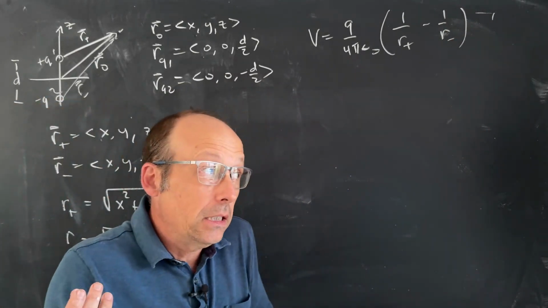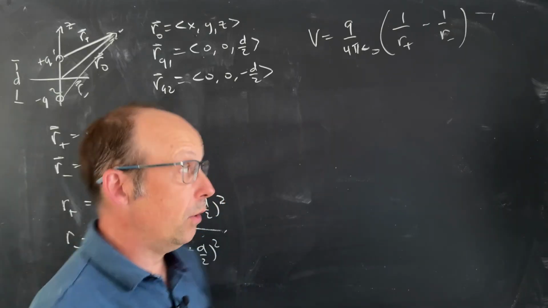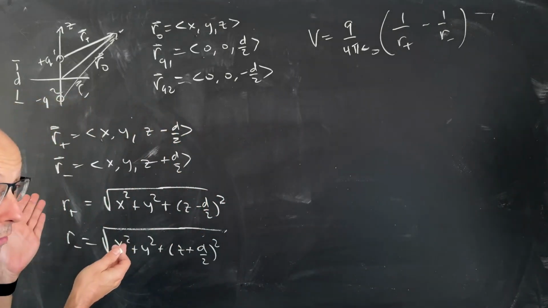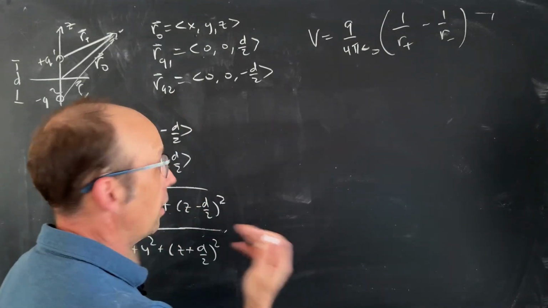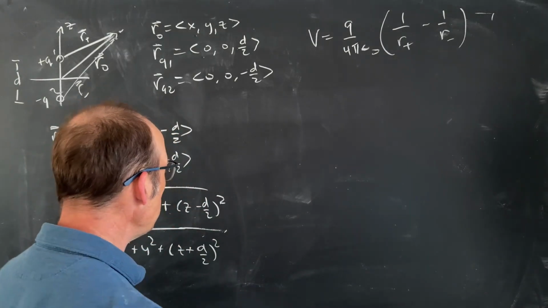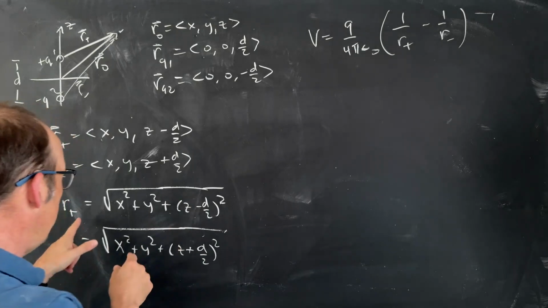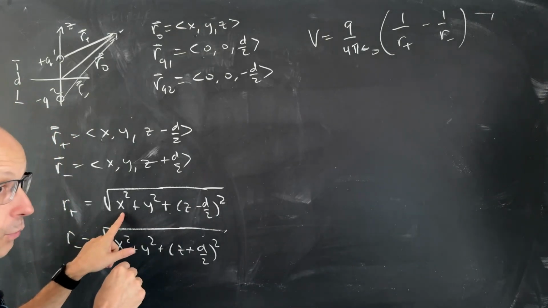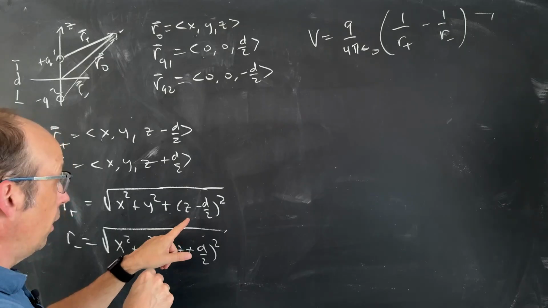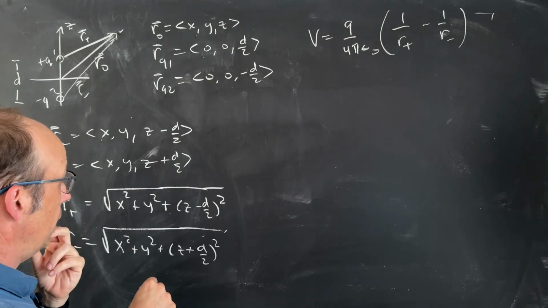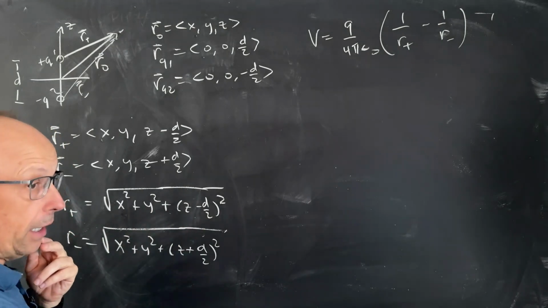It's kind of messy. So what I want to do now is to take just the r plus. Let's just do r plus, and let's see if we can simplify just that whole r plus thing. Okay, so if I take just r plus, I have an x squared, I have a y squared, and then I'm going to get a z squared in here. So let's just go ahead and multiply that out.